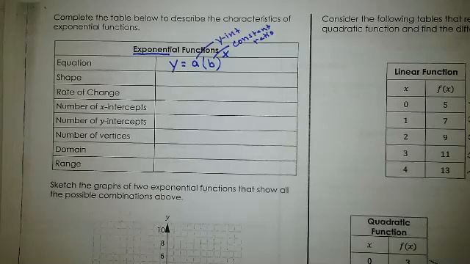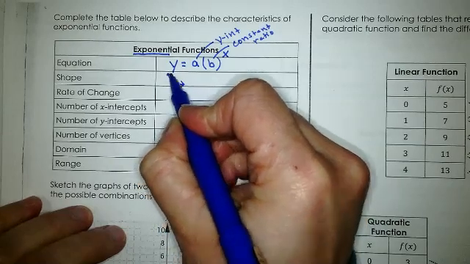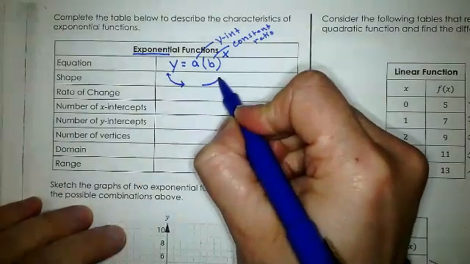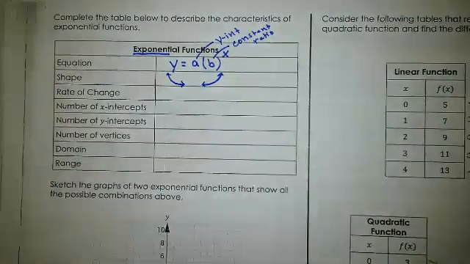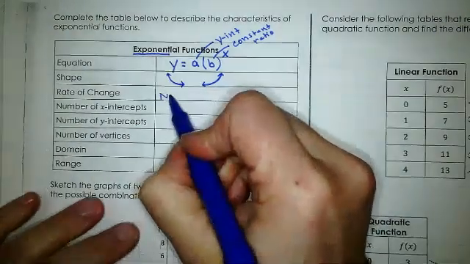It's the number you repeatedly multiply by. The shape of your graph, it could be going down, or it could be going up, but it has a bow or a curve in it. So it's not a straight line, it's not a U. Your rate of change is not constant.